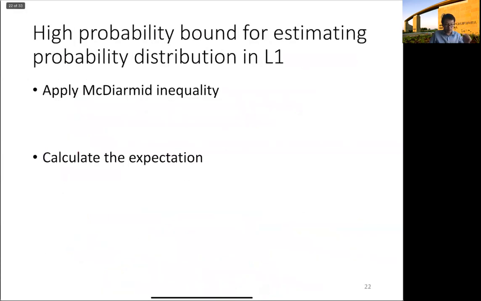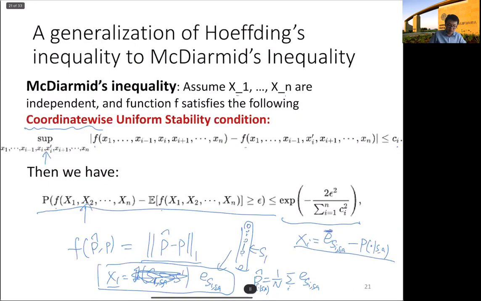Okay, so now that we have this construction, we can apply the McDiarmid inequality to obtain the bound. And I guess the only missing piece is how large is this c_i, right? So can we bound this c_i as well?